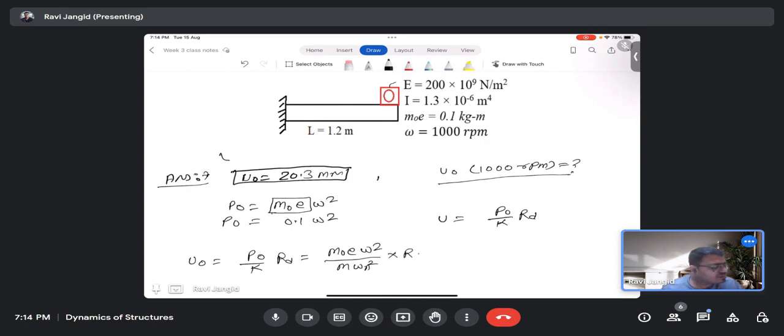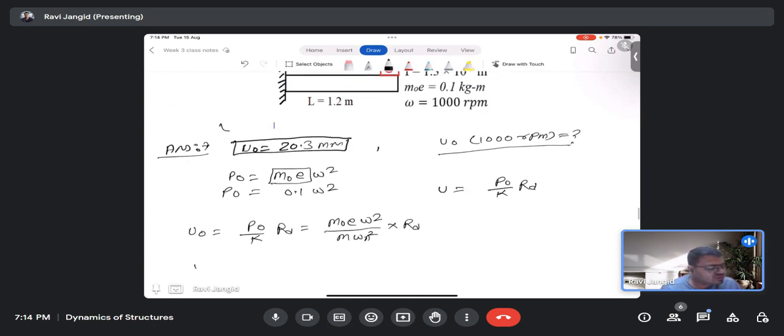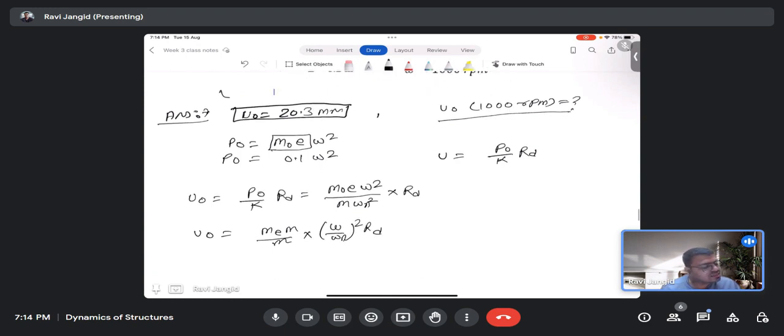Correct. So now u naught is equal to m e over m into omega by omega n square into RD. So what can I write, what does this become?